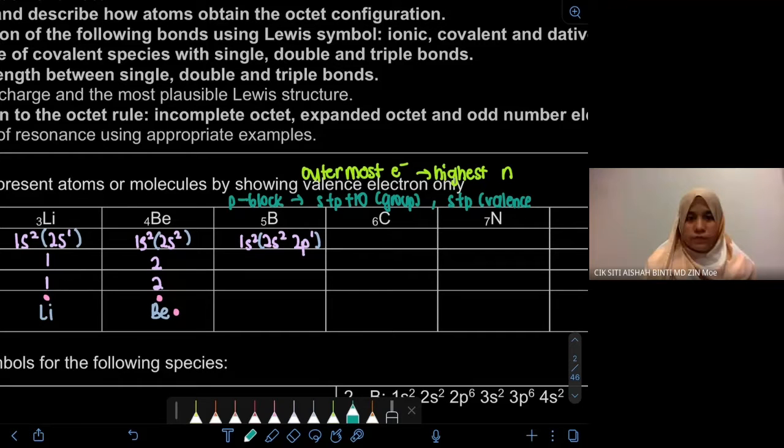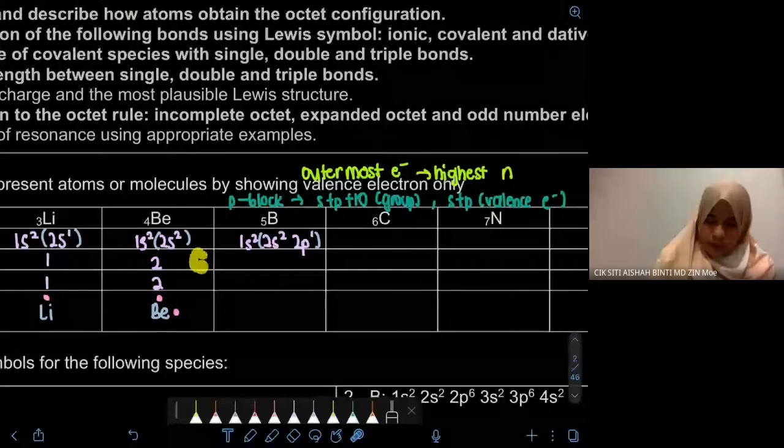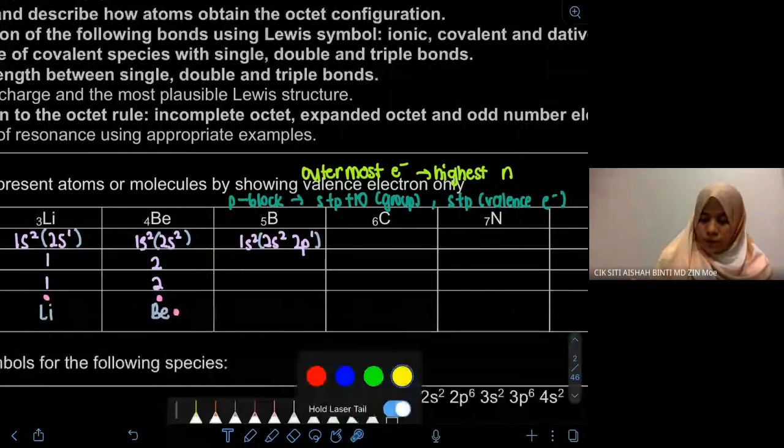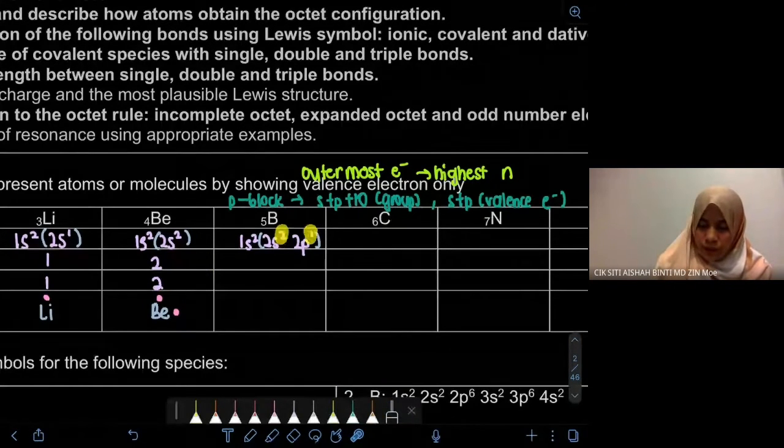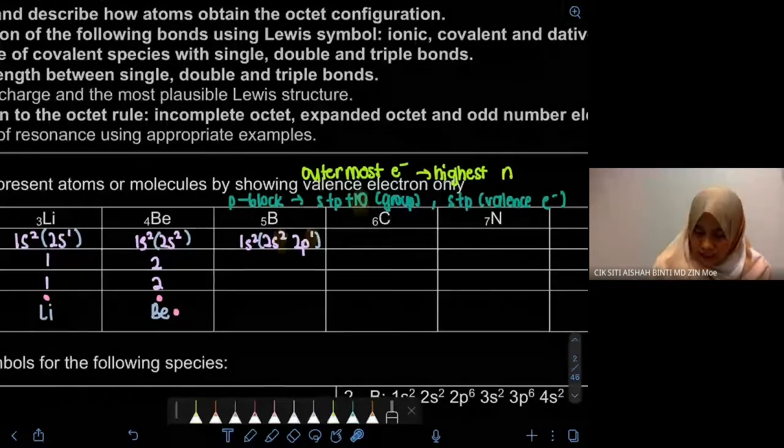Okay, so dekat sini contohnya the first one ni, second one ni adalah group. Okay, so kalau kita nak tahu group dia, so kita nampak dia ada S dengan P. So kalau group, kita tambahkan S plus P plus dengan 10. So dia akan jadi 13. So ni adalah group 13.